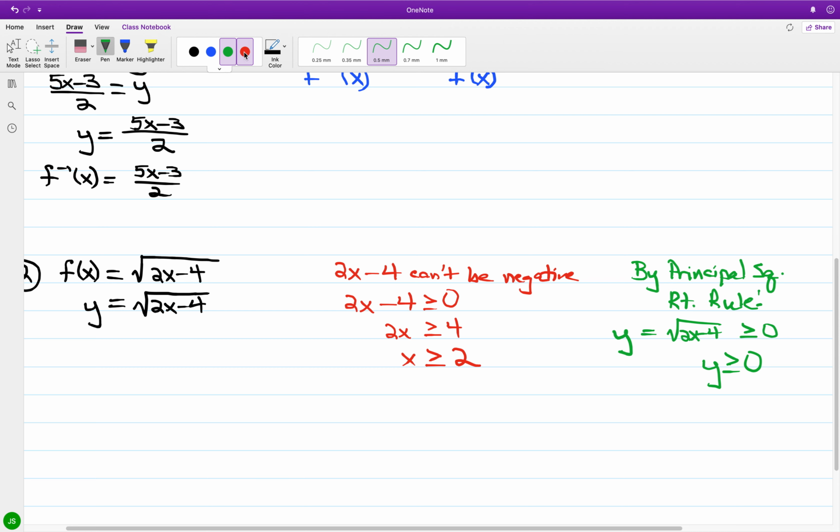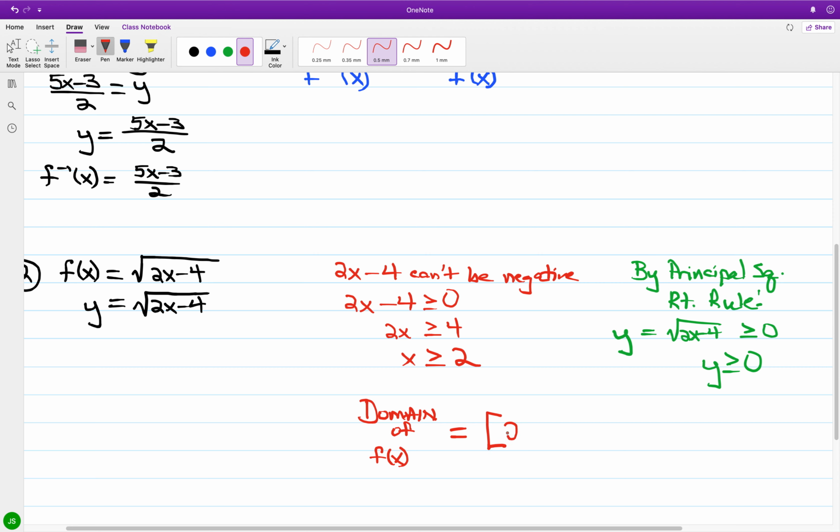And so just to mention, now we can go ahead and take care of all the domains and the ranges. Now we have, in the case of the domain of f of x, the set of all values of x greater than or equal to 2.